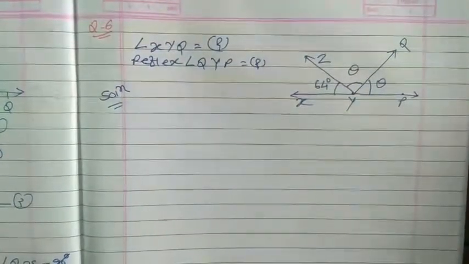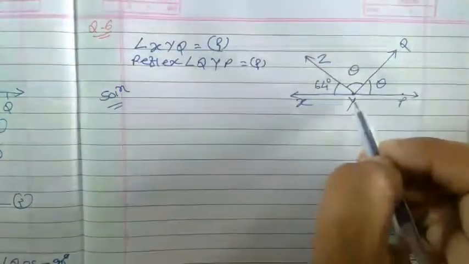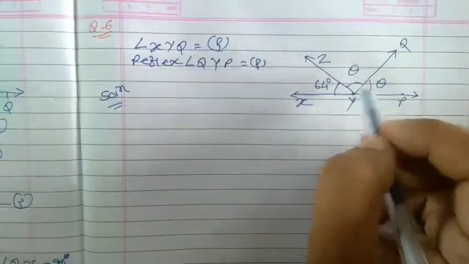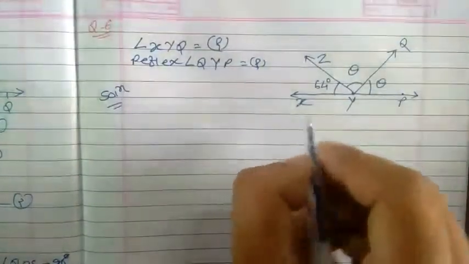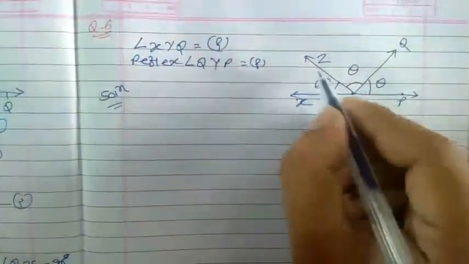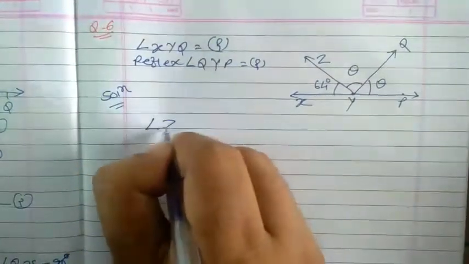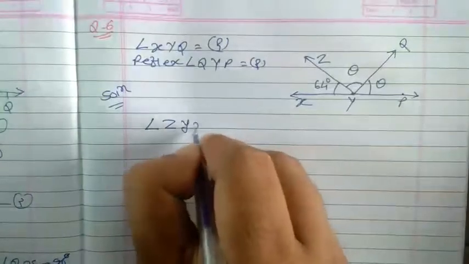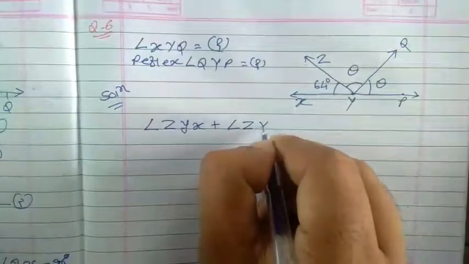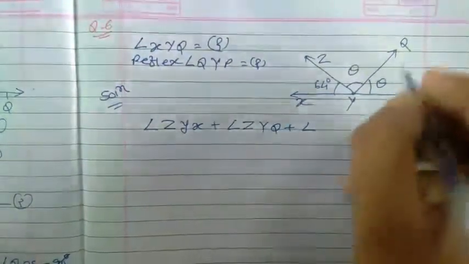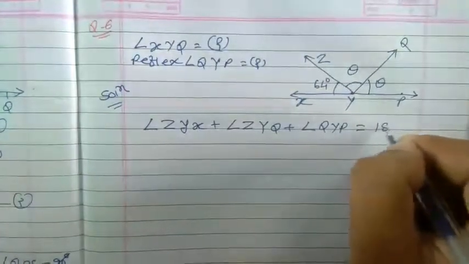Here ZYQ and QYP are equal. That's why I give the names theta and theta. So we can write angle XYZ plus angle ZYQ plus angle QYP will be 180 degrees.